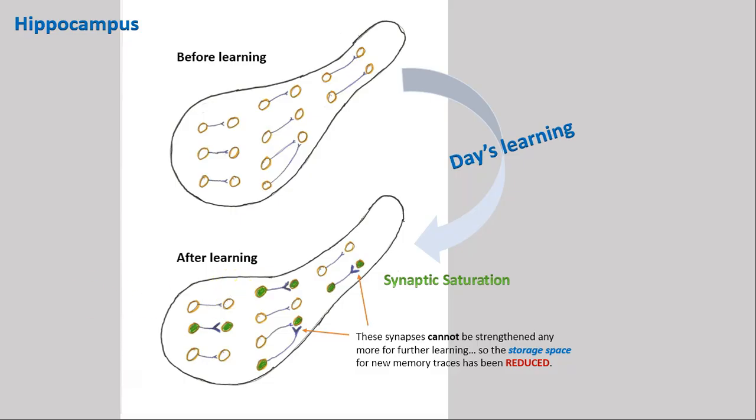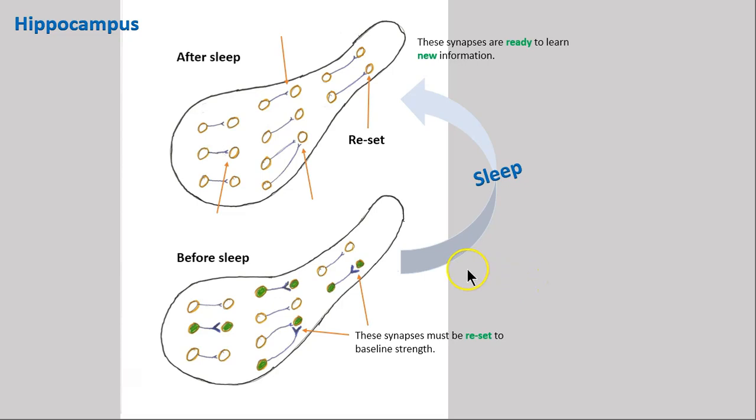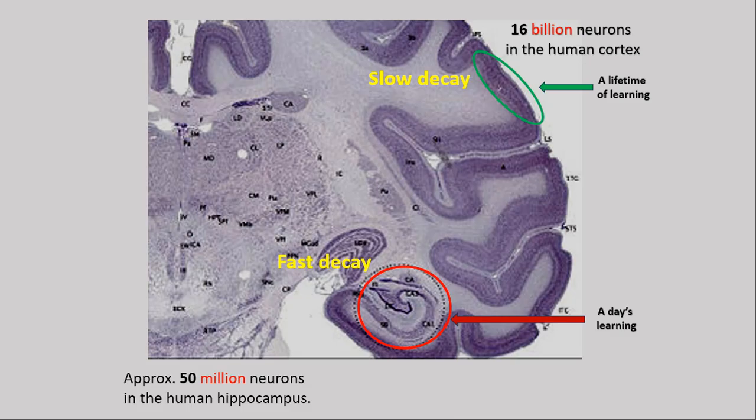And the way the brain seems to have solved this problem is sleep, that second phase of sleep, where the hippocampal synapses are weakened again in order to prepare the hippocampus for new learning the next day. So this is this refresh. Sleep is going to refresh the hippocampus, and by doing so, it's effectively erasing the memory traces that it made during the day's learning, and then erasing those memory traces to prepare the hippocampus for the next day's learning.